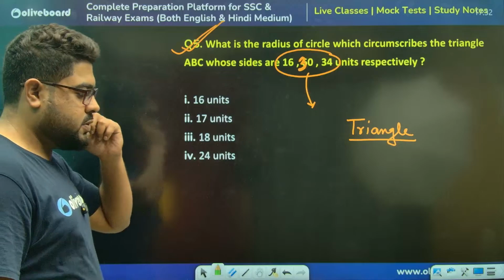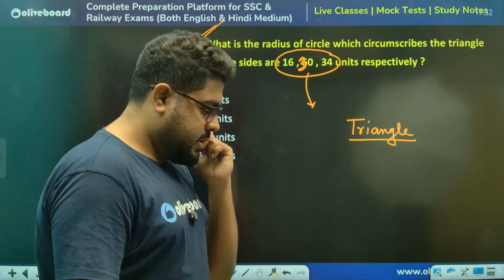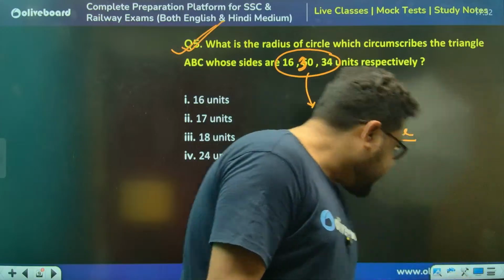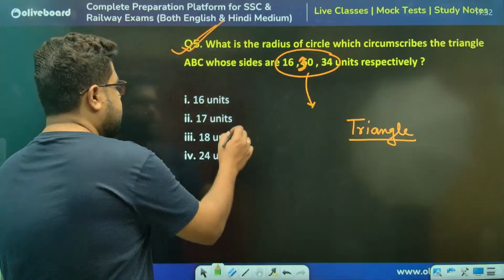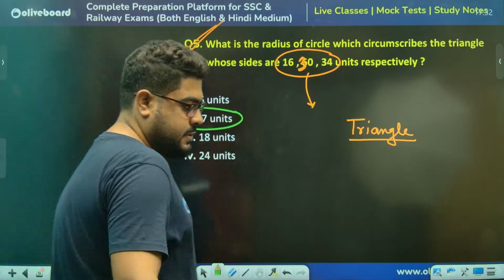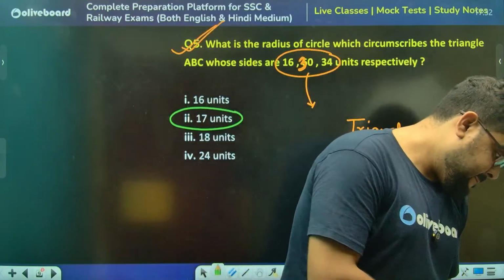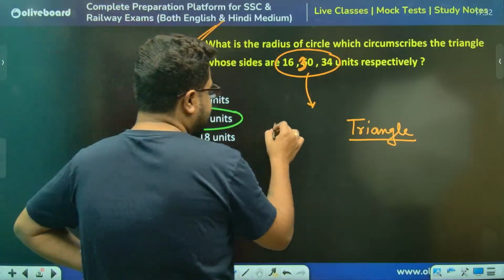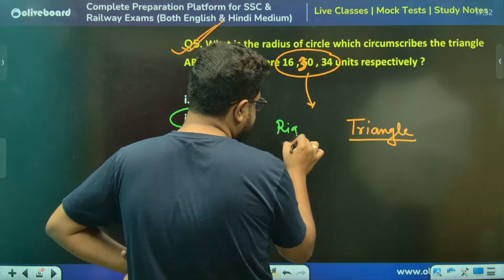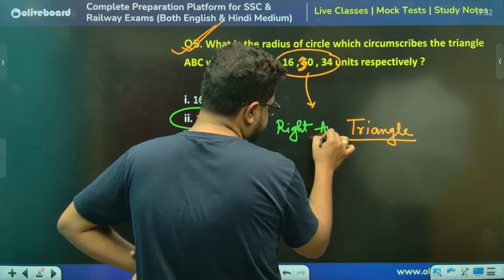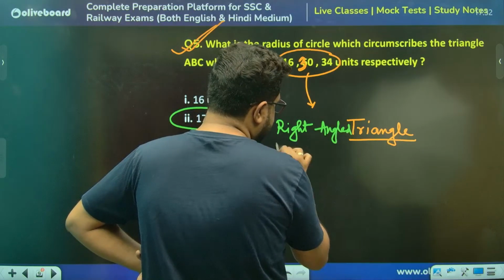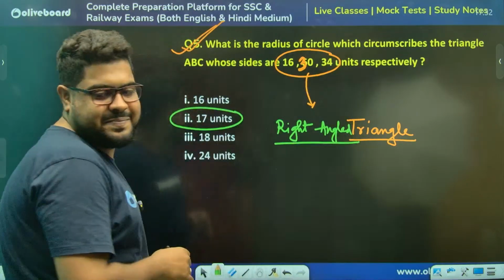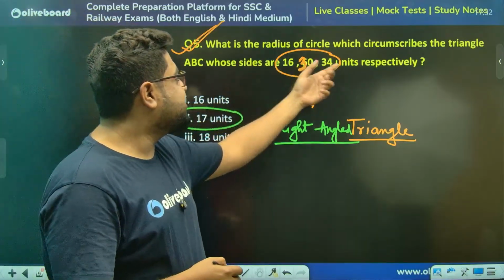I don't think so. No, I think option 2 is the answer. This is a right angle triangle, a Pythagorean triplet.